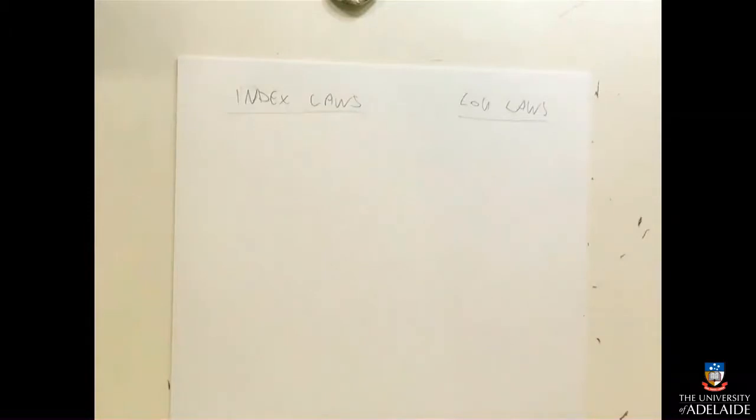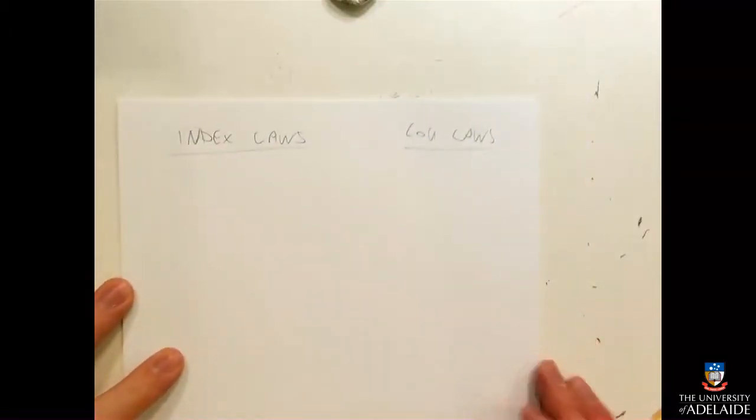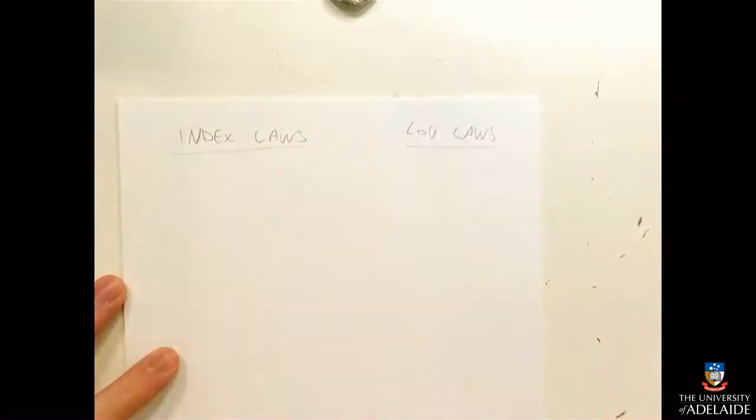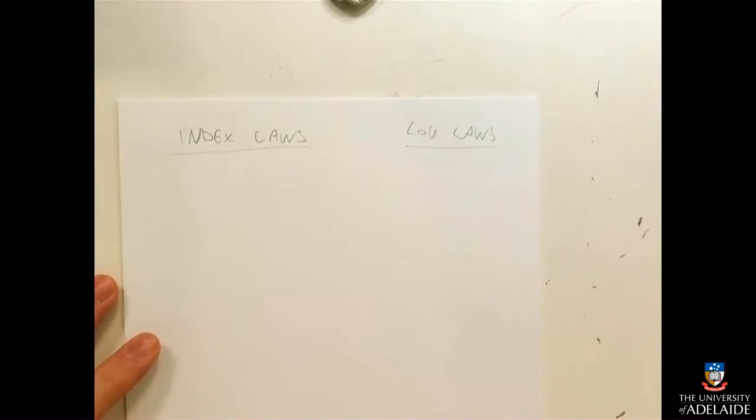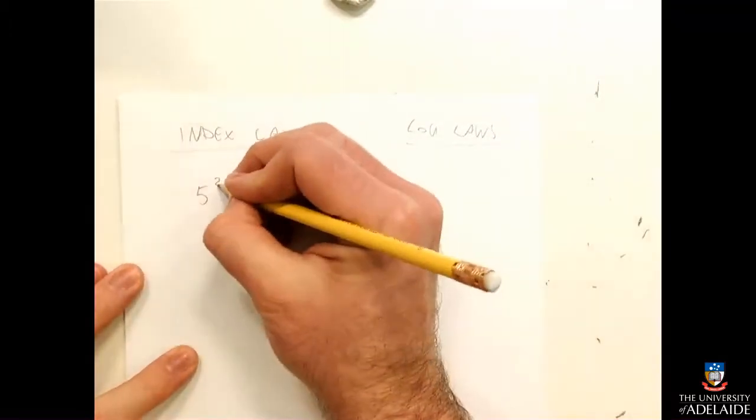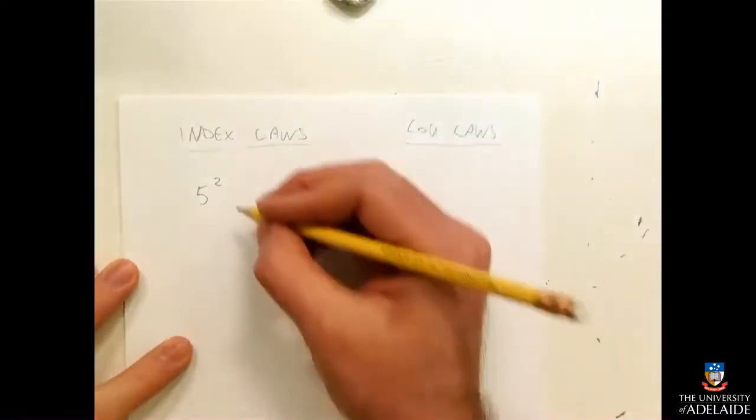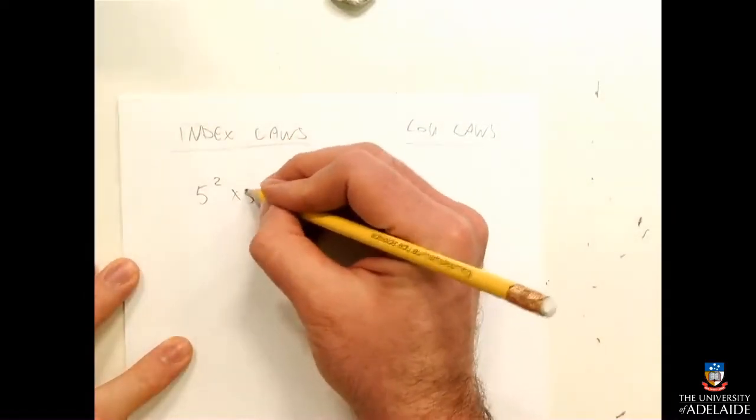All right. With the index laws, I'm just going to do them all with 5, if that's okay, rather than with letters, because it's easier for me to process it if they're numbers. So 5 to the 2 or times 5.